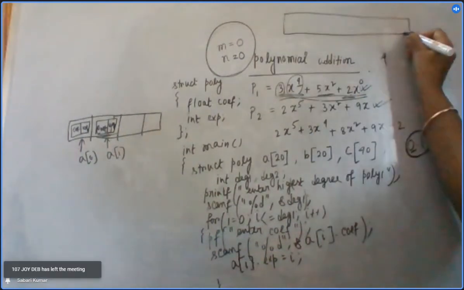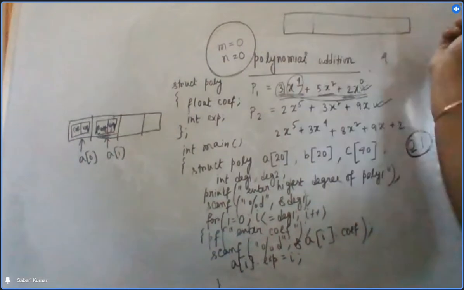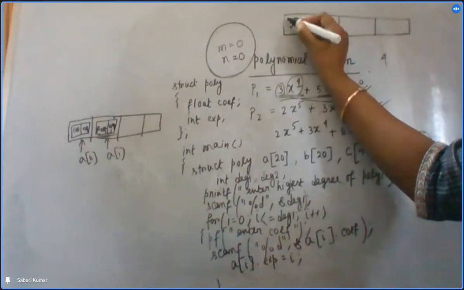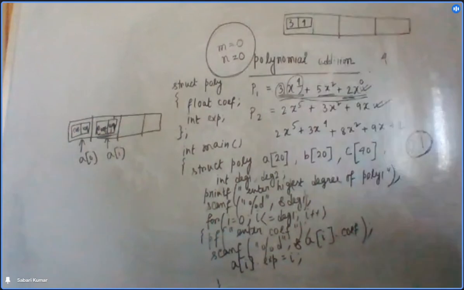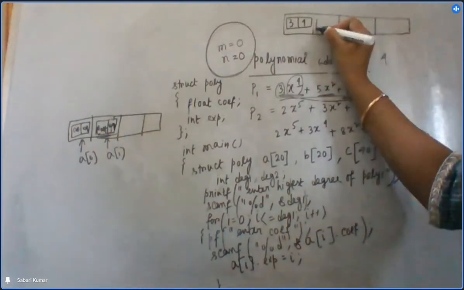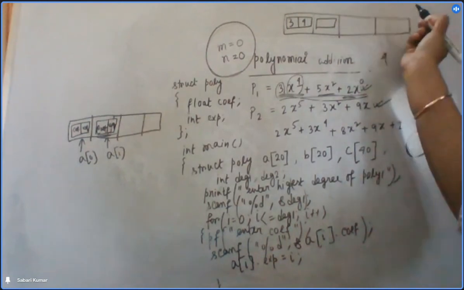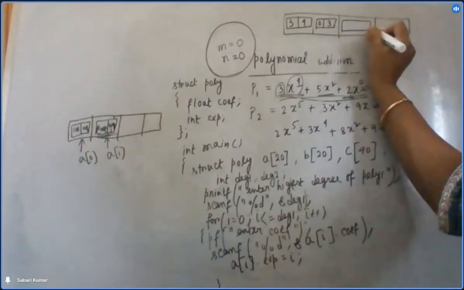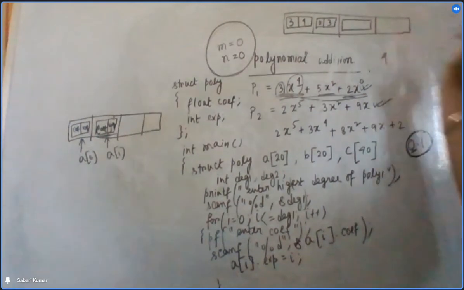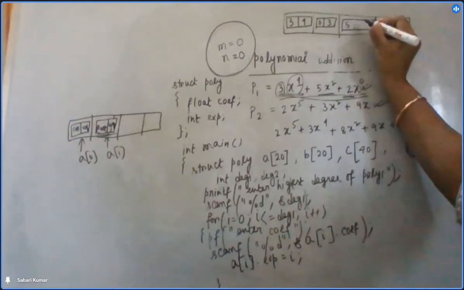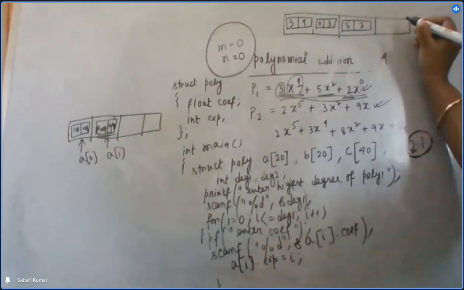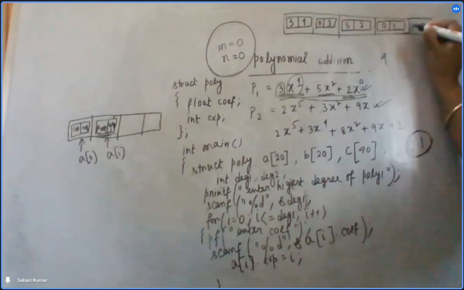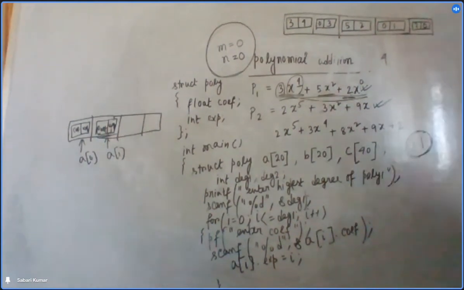If we are going to do this part using array, the concept is: three, 4 here, 0, 3 here, 5, 2 here, 0, 1 and here 2, 0.